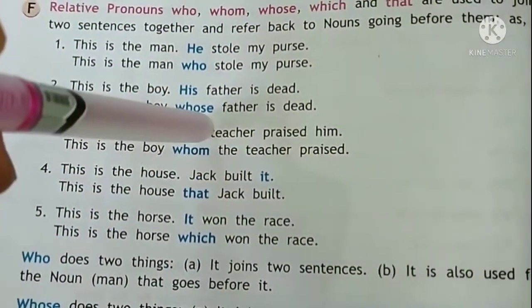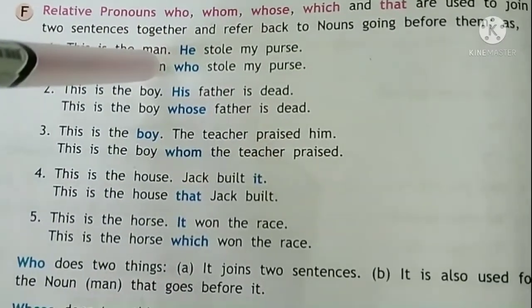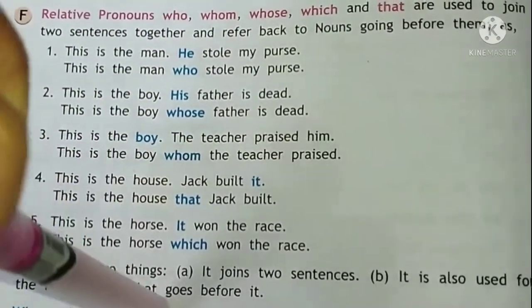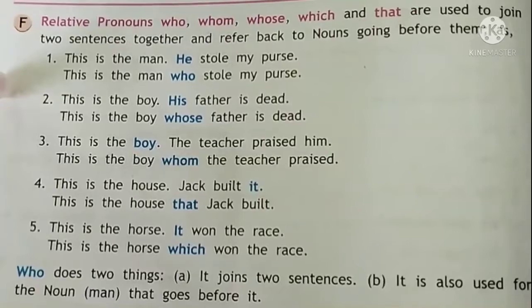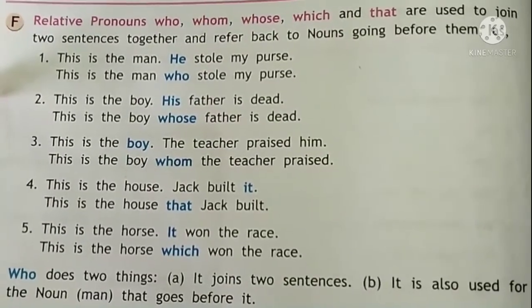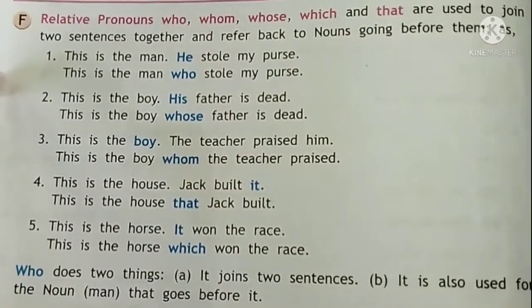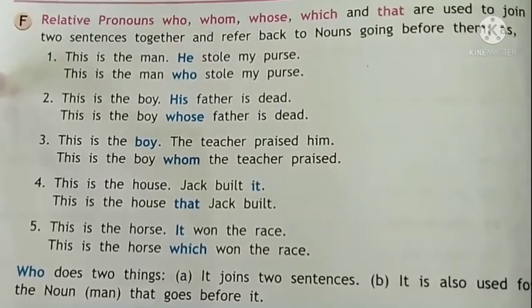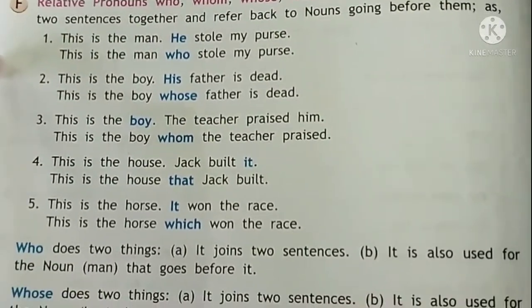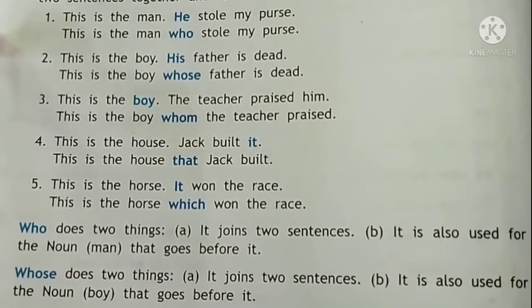So when we use who, whose, whom, that and which, they are all relative pronouns and they are used to join two sentences together and refer back to nouns going before them.